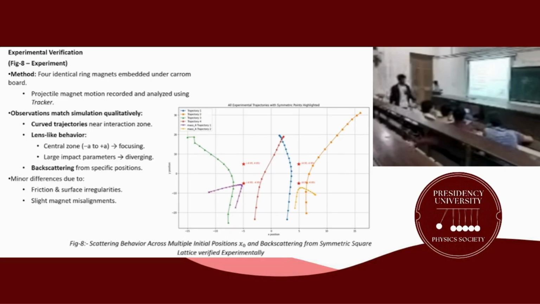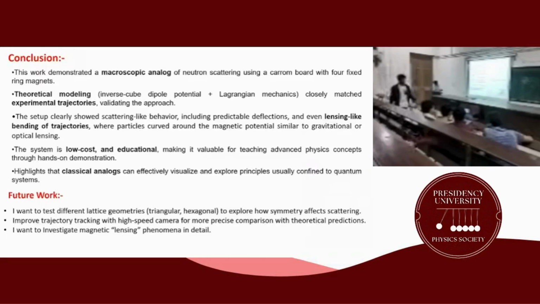And also if the velocity is not too high, we observe the backscattering phenomenon, which is due to the high potential and low velocity. Actually, this is observed. Very good.